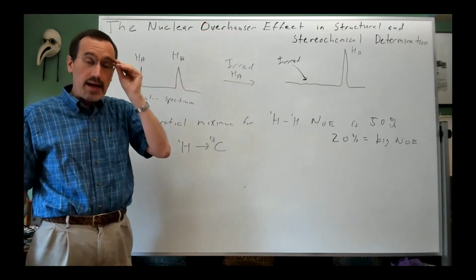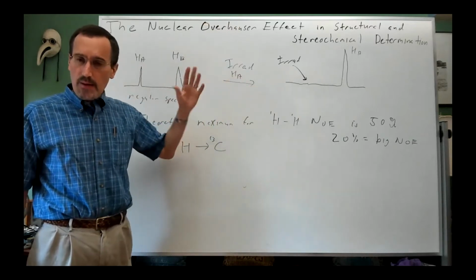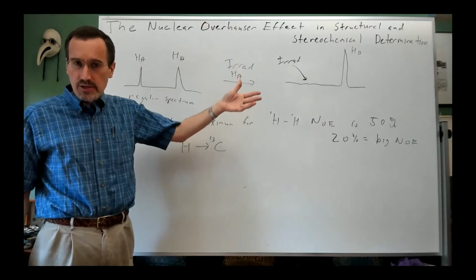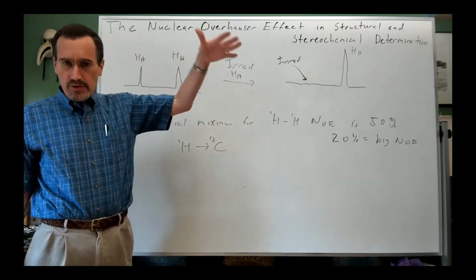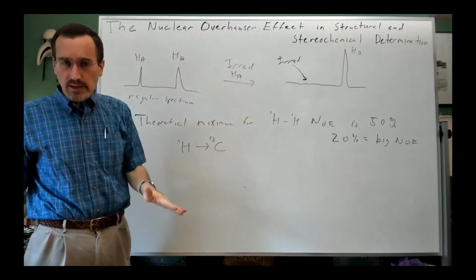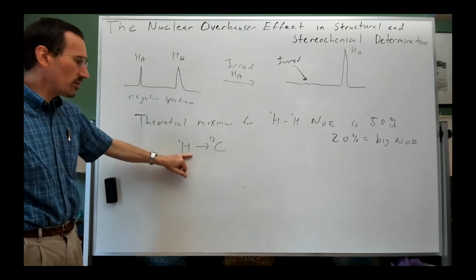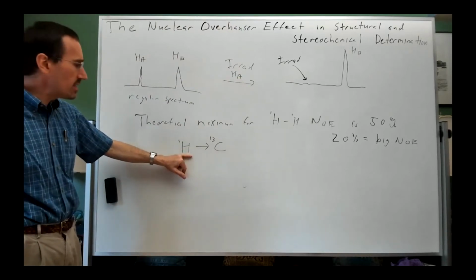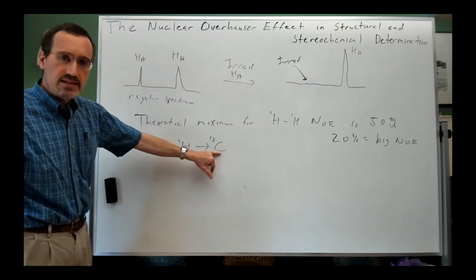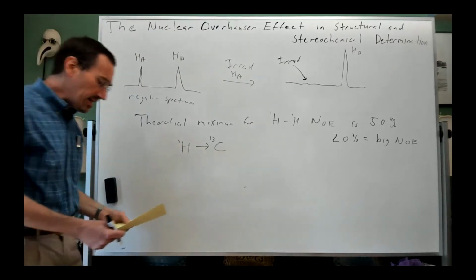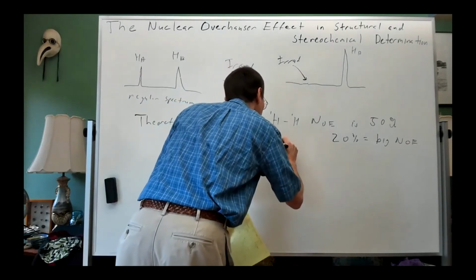When you look at the aromatic spectrum, say, of problem 2 that we had on the midterm exam, you could immediately, even without the DEPT, pick out that there were 3 CH carbons and 3 quat carbons. And part of the reason for that difference is that the hydrogens are getting irradiated. You're doing a proton decoupled NMR with broadband irradiation of the hydrogens. That's making the C13s bigger. And in this case, you're getting an NOE of up to 200%.